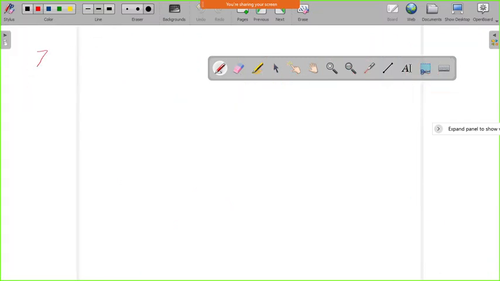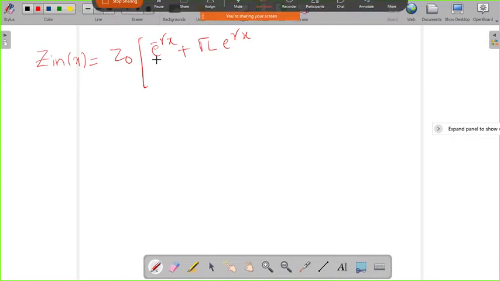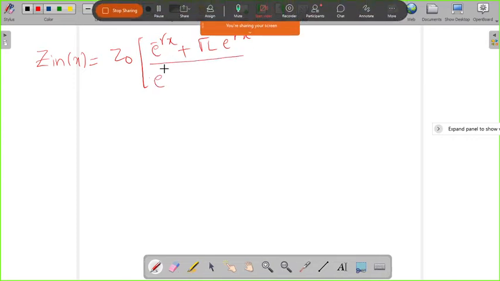Zin of x is equal to Z0 into e power gamma x plus gamma L into e power plus gamma x, divided by e power minus gamma x minus gamma L into e power plus gamma x. Okay, so this is in general.